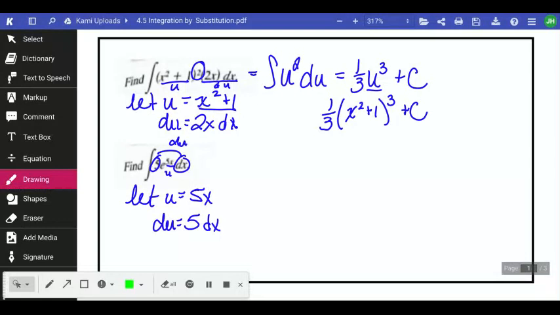So everything is substituted for except for the e, which is no problem because it is not a variable. So integral, keeping my e because I have not substituted in place of e. Instead of having e to the 5x, I will have e to the u. Instead of having the 5 and the dx, I will have just du.